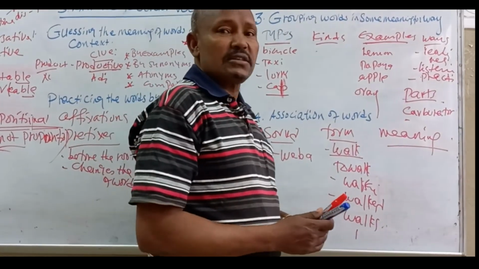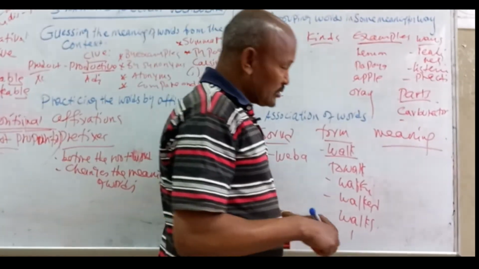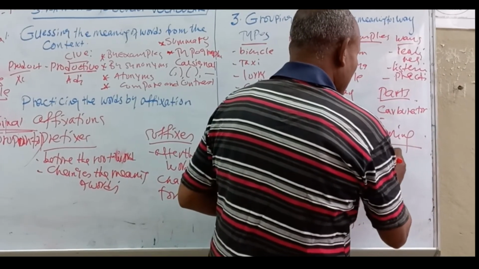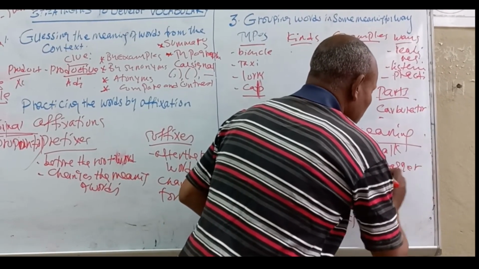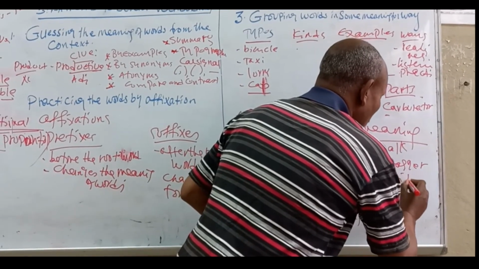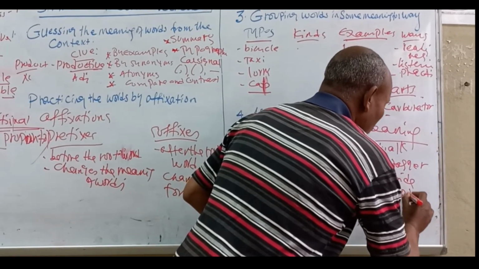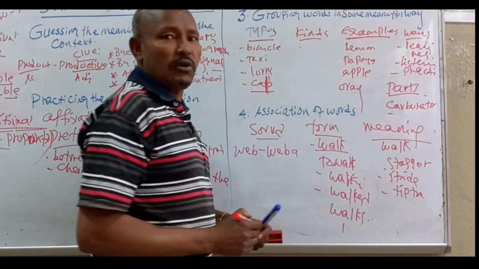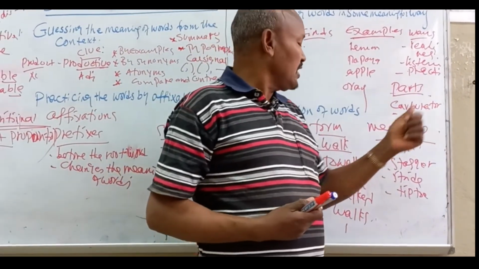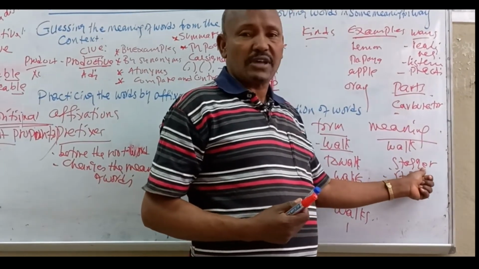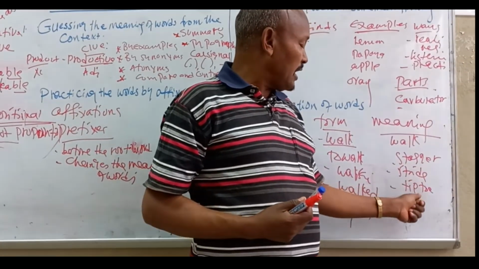The other one is meaning association. We have to associate the words. Look here, walk means stagger, walk means stride, walk means tiptoe. I can continue in this way. I want to define walk, so I can associate the meaning of the word with stagger, stride, and tiptoe.